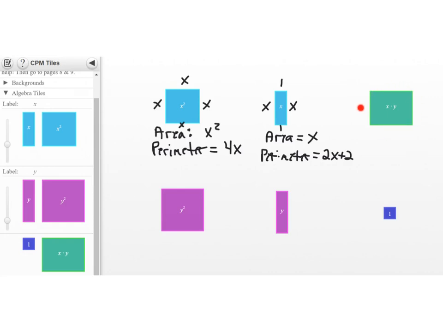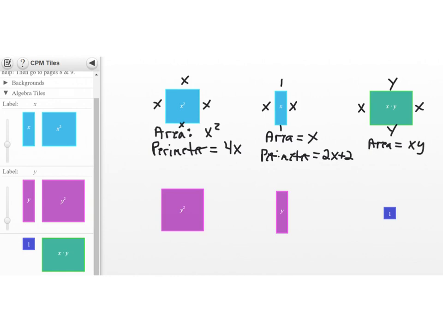Let's move over to this next one. This is the xy tile. And the interesting thing about this one is that we have essentially side length x and x here, and then that would make this and this y, and that would match exactly down here to the sides of the y squared tile. This y here would be the same as that one right there. All right, well, now we can find the area for this one. It's already given to us, so area equals xy.